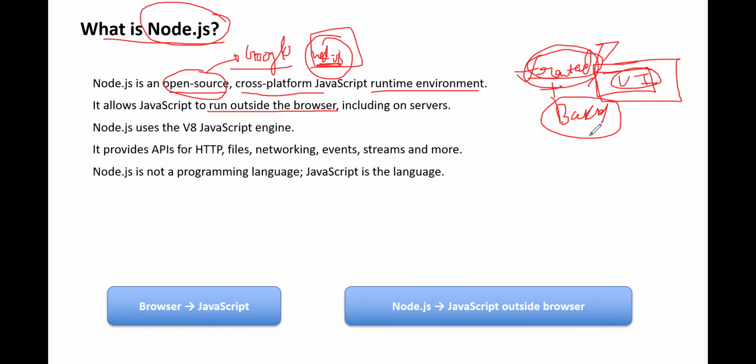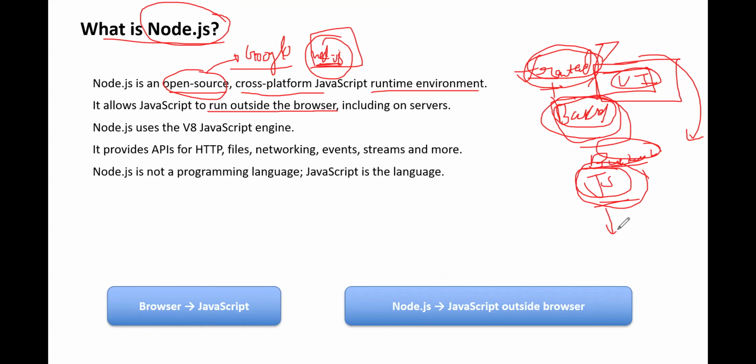Outside the browser means backend, where the business logic is performed. The business logic is written in the language called JavaScript. That scripting language should have one platform or runtime environment to write and run the code. That is called Node.js.